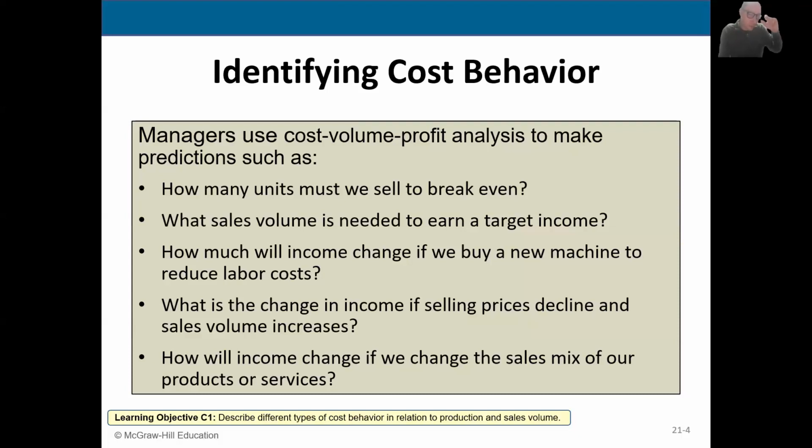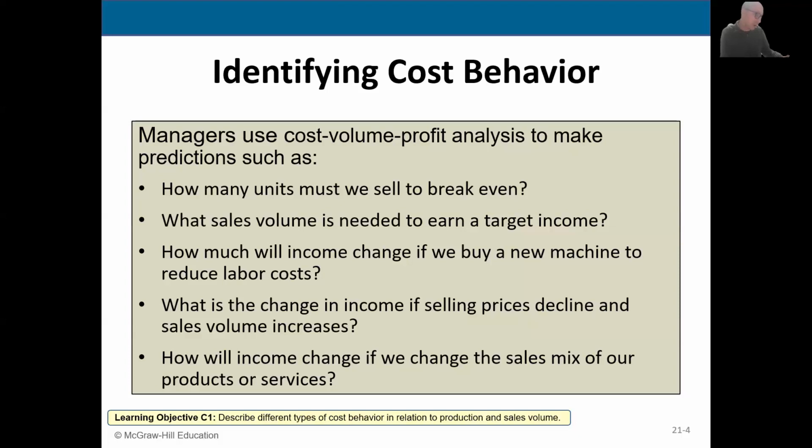This one is really important. When there's a change in the sale price, will the sales volume, number of units I expect to sell, go up or down? That's an excellent question every manager should understand. If I reduce my sale price, I would expect that I'll probably sell more units. Why?